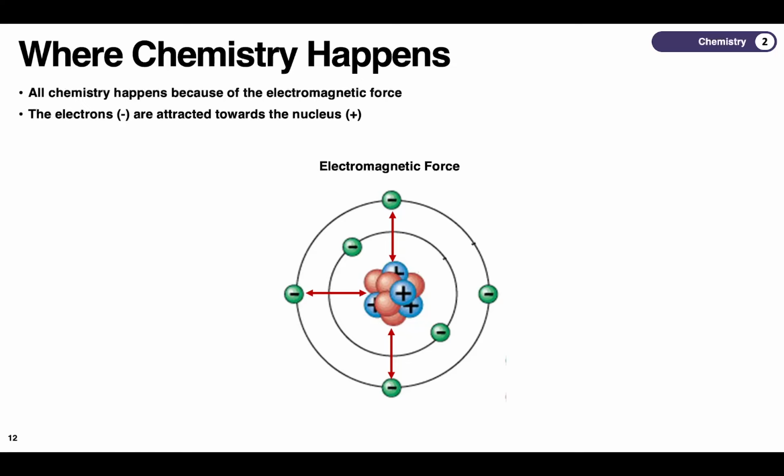So the atoms would be much bigger in terms of distance between the nucleus and the electrons, and there would be a lot of space between them, and also the size of the electron would be much smaller than the size of the protons and neutrons, just to give a kind of reality check here.